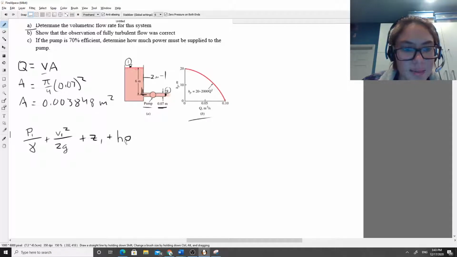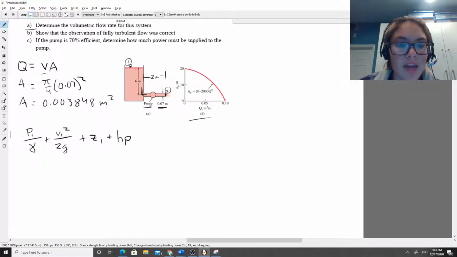The head of the pump, which is going to be measured in meters, is kind of just like the added pressure gain that the pump is implementing into the system. Because the pump, if you think about it, is putting energy into the fluid, and therefore it's creating more pressure from point 1 to point 2. So it needs to be added on to point 1.